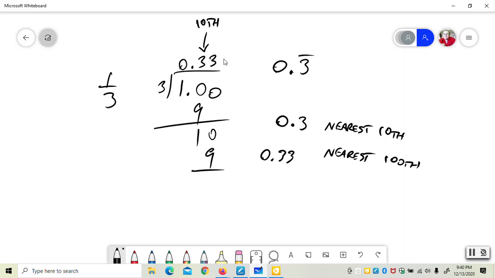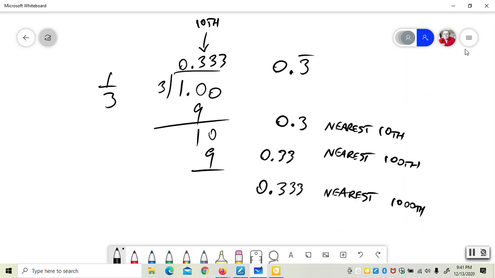And you always look at whatever the next digit is. You've probably heard it before. 5 and above, give it a shove. 4 and below, leave it alone. 3 is less than 5, is 4 or below, so this does not round up. The nearest hundredth would be 0.33. Nearest thousandth, sorry, would be 0.333. And so forth.